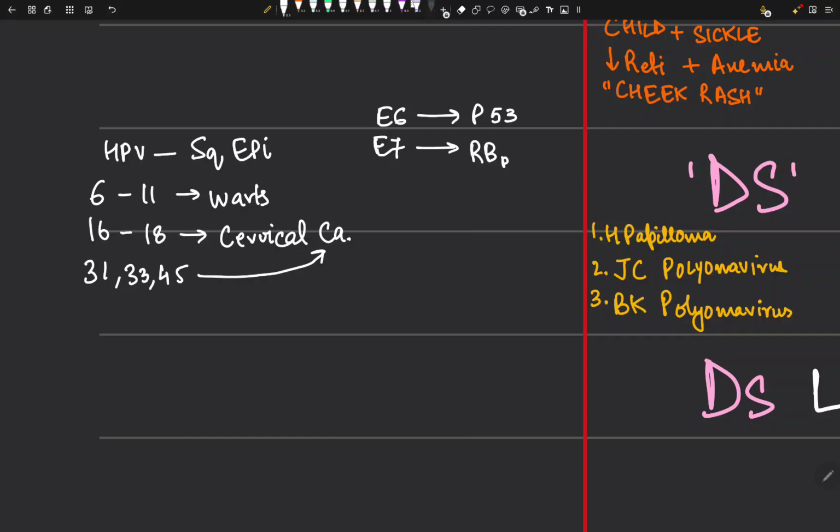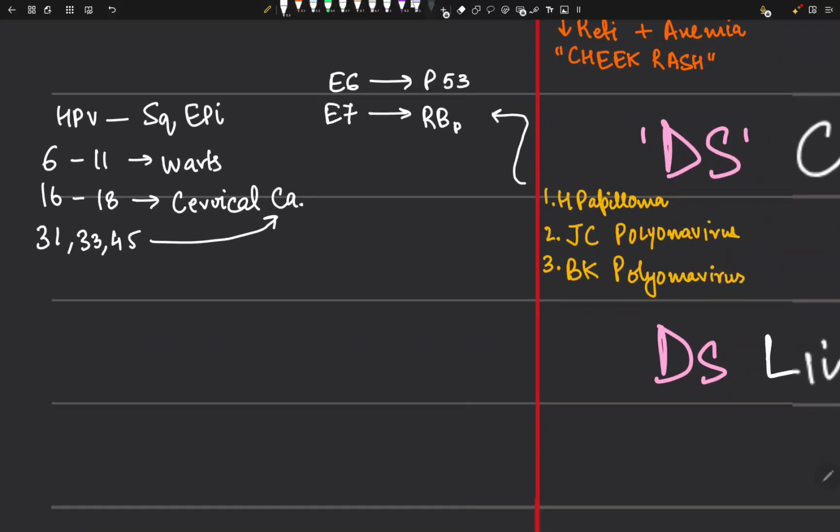That means that HPV disables the two big tumor suppressor genes. It stops the genes that are very important for suppressing the tumor. These two, E6 and E7, are really tested. It's tested everywhere. Very common knowledge. Let's talk about JC.